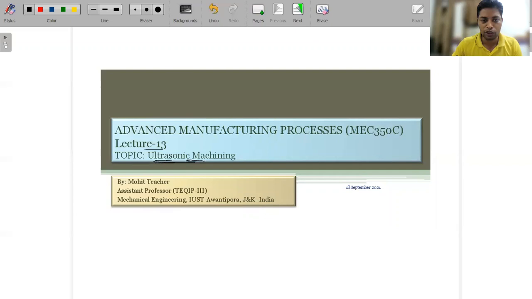So this is ultrasonic machining. As the name suggests, ultrasonic is nothing but a kind of frequency. Ultrasonic frequency is just above the audible frequency.